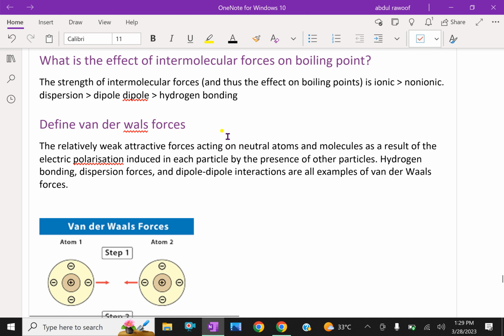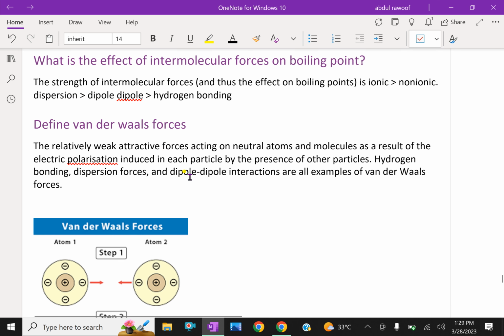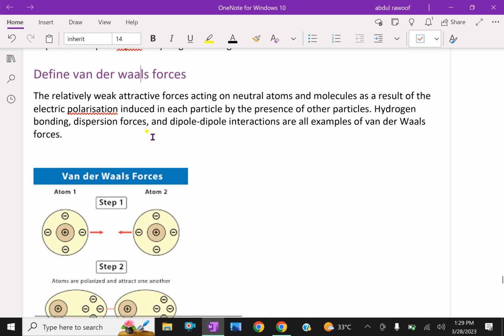Now, what is the van der Waals force? The van der Waals force is the relatively weak attractive forces acting on neutral atoms and molecules as a result of the electric polarization induced in each particle by the presence of other particles.